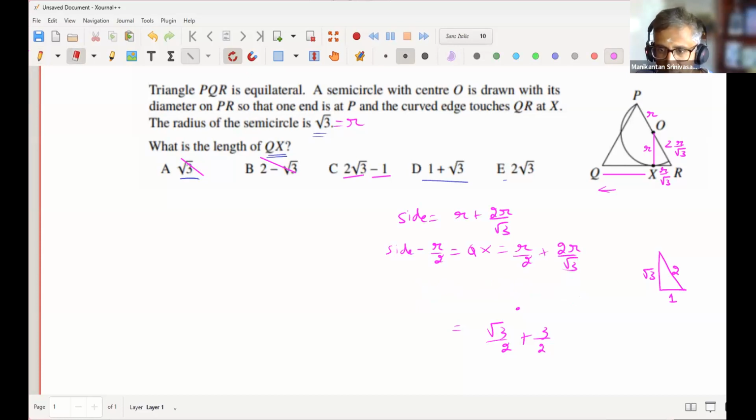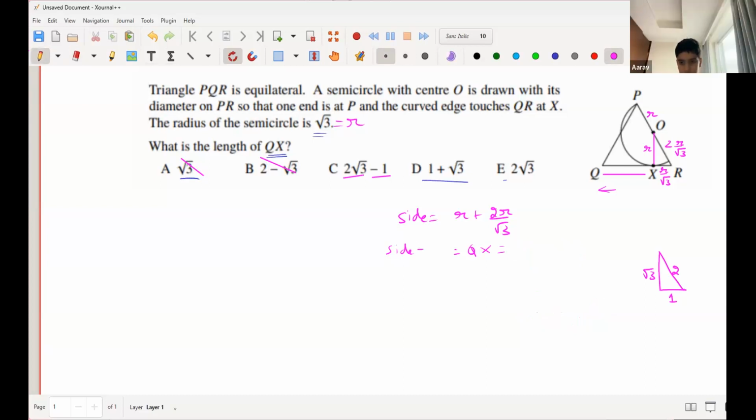Let's see if that works. I hope so. Oh my God, otherwise I'll just give up. So this is root 3 by 2, and then this is 2 by root 3 times root 3. No, guys, I'm still doing something wrong. Someone help me, please. Same mistake as last time. Minus R by root 3.